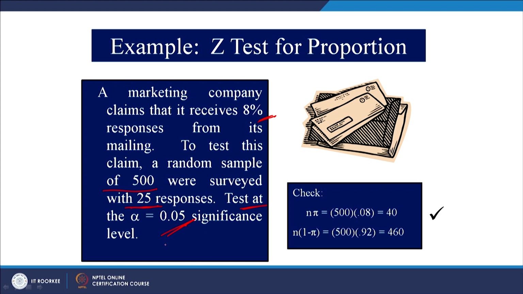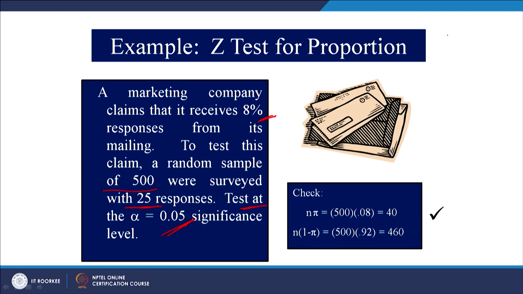So, how would you solve this question? A marketing company claims that it receives 8% of responses from its mailing. To test this claim, a random sample of 500 was surveyed with 25 responses. Test this hypothesis at 0.05 significance level.